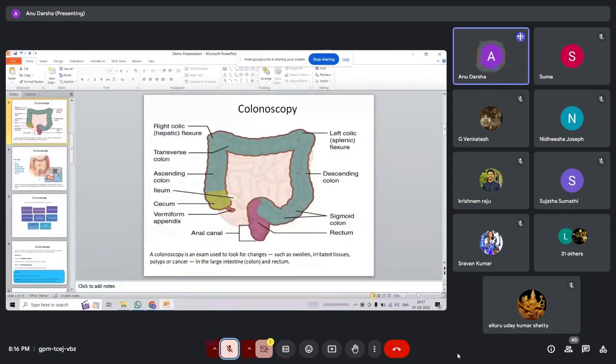They will not advance the scope forcefully, so they will terminate the procedure. As I mentioned, to bill it as a complete colonoscopy, whenever they are advancing the scope, it has to reach this area. But because there is an obstruction in the descending colon, they are pulling it back in between only, so it is an incomplete procedure.